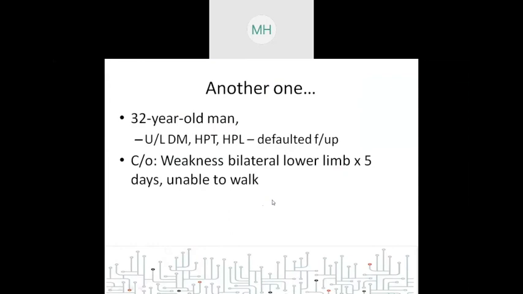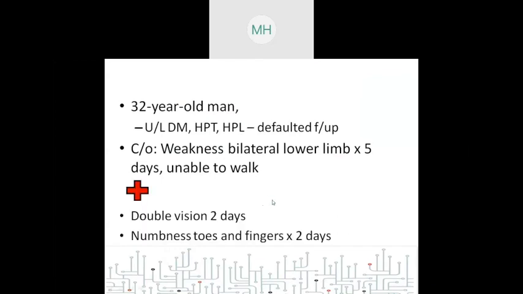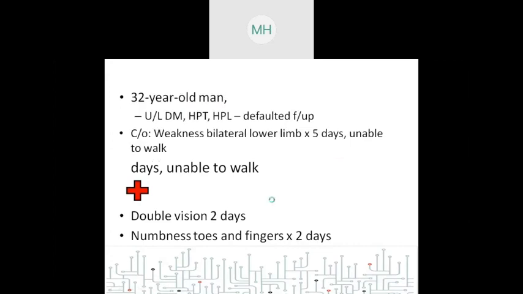Okay. Last one? Okay, so a 32 year old with weakness of bilateral lower limbs for 5 days, unable to walk. So bilateral lower limb, paraplegia. And then you do the cranial nerve examination, noting there's double vision and also numbness over the toes and fingers.